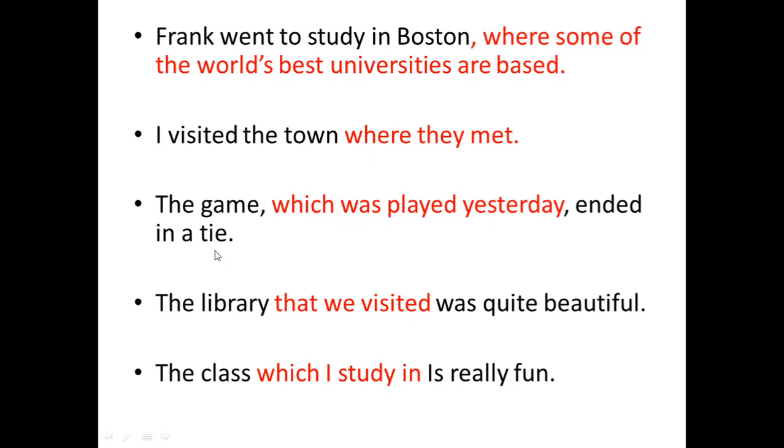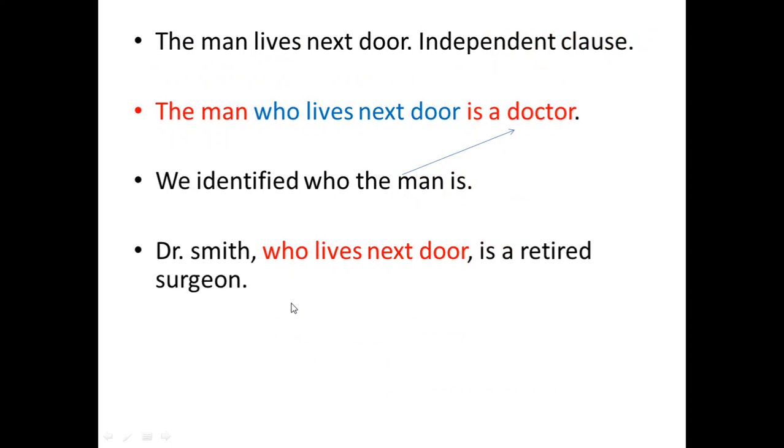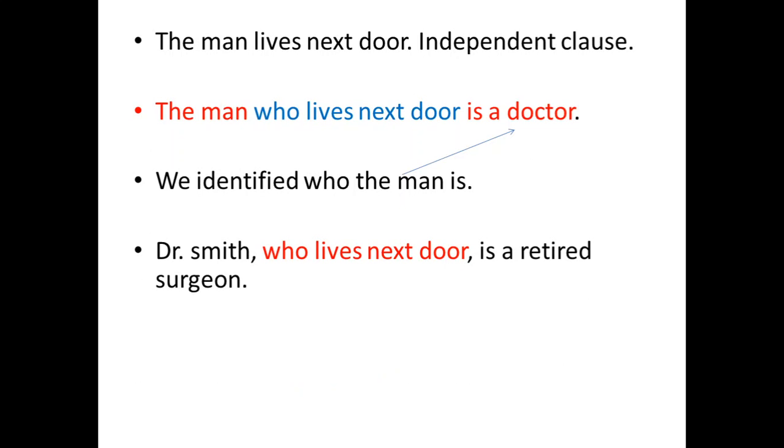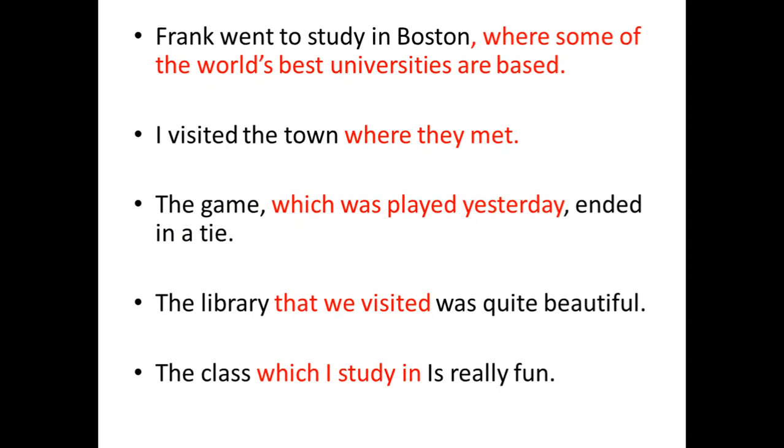Okay? The other one. The library that we visited was quite beautiful. Notice this. We have that clause. So what did we say for that? We said that is used for both things and people.